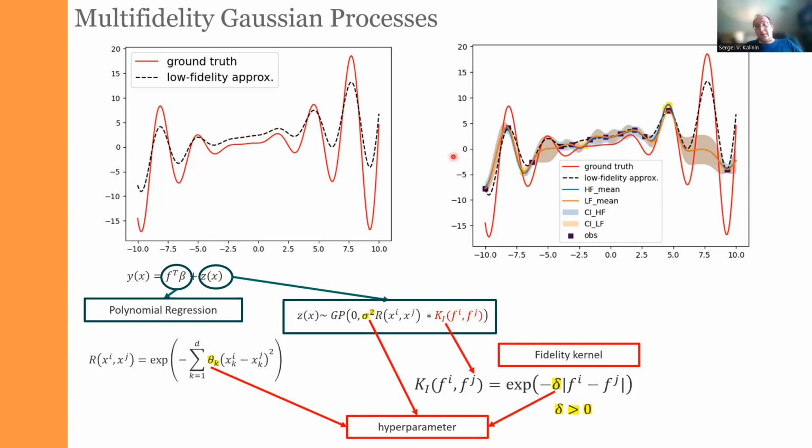And this is the typical output of the multi-fidelity process. So what we get is, of course, we keep the ground truth because we want to compare. We keep the low fidelity approximation because this is another thing that we look at. And generally in the notebook, you will see two examples of dots.